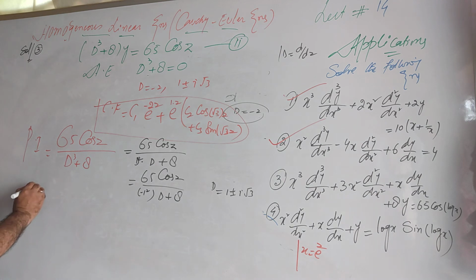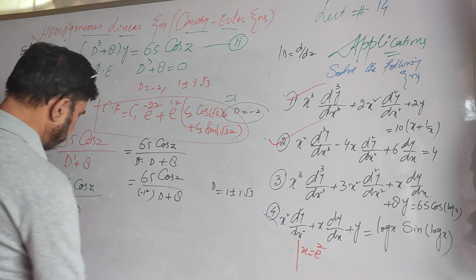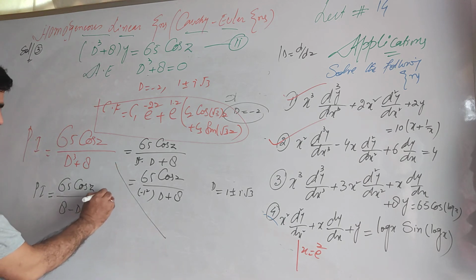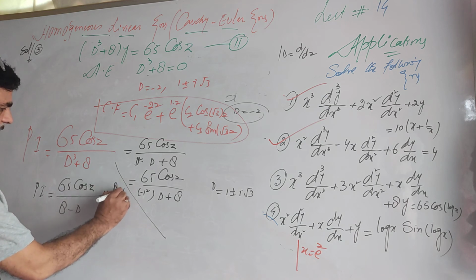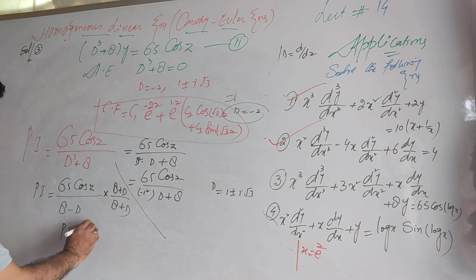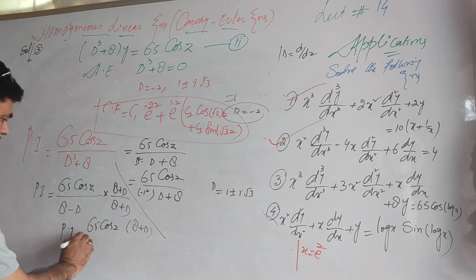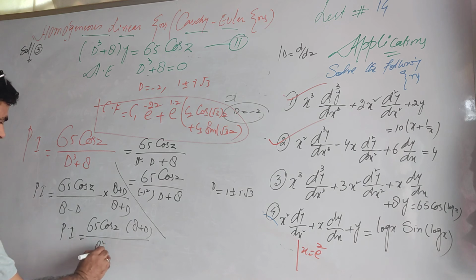Therefore your particular integral comes out to be 65 cos z by 8 minus D. But I need D square here. For that, what I have to do? I will rationalize: multiply by 8 plus D by 8 plus D. The particular integral is 65 cos z into 8 plus D by 8 square minus D square.